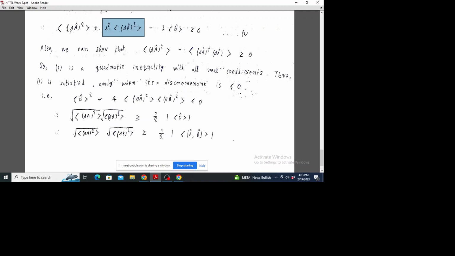So that means this inequality 1 will hold only if the discriminant is less than or equal to 0.